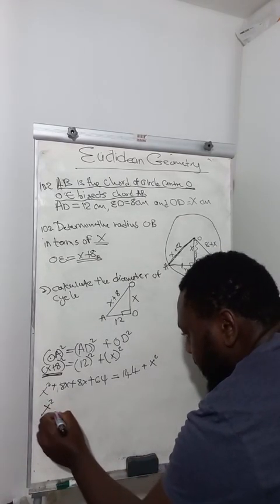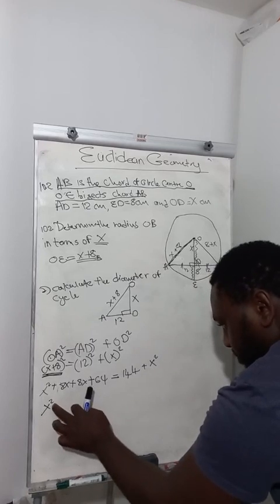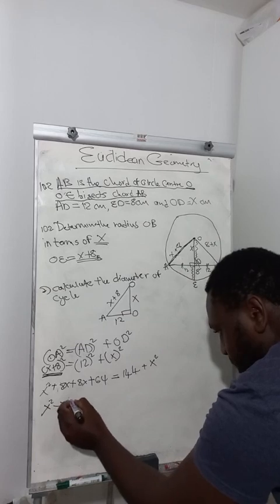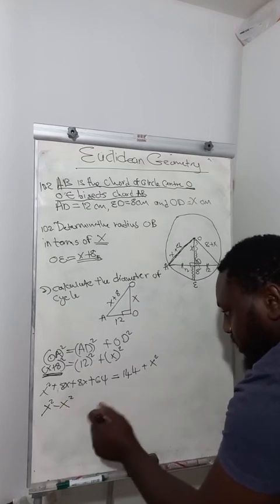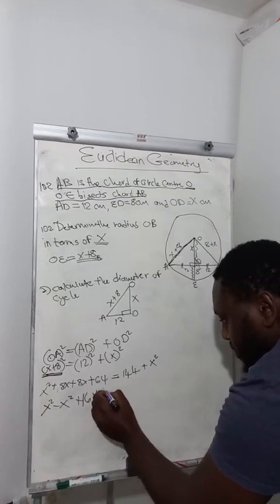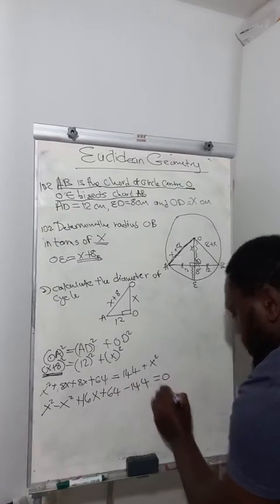Here you'll have x squared, and then actually it will be minus this x squared which is here, minus x squared, and then this will be plus 16x plus 64 minus 144 is equal to 0.